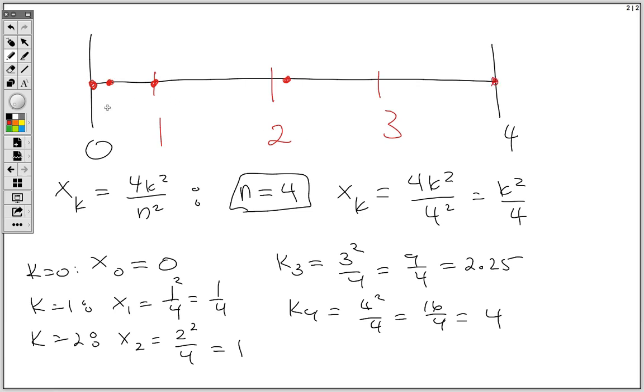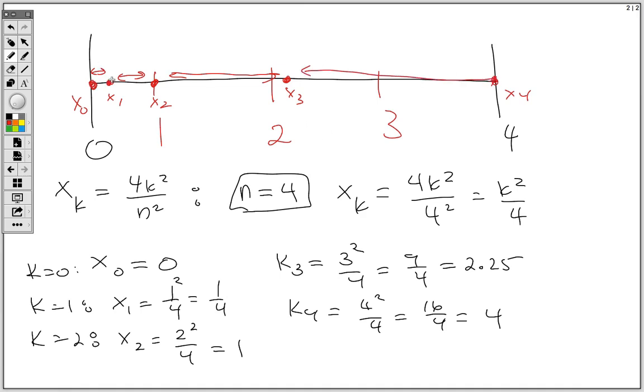All right, so this would be our partition. So you can see we've got varying delta x_k's.